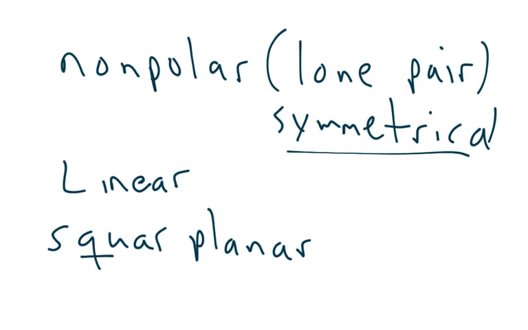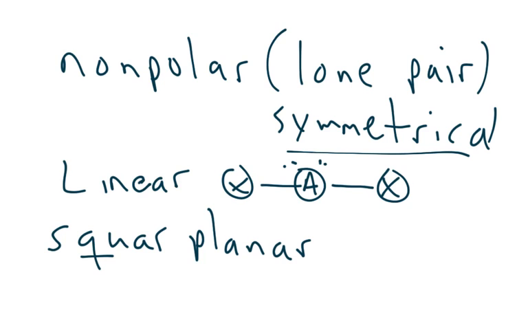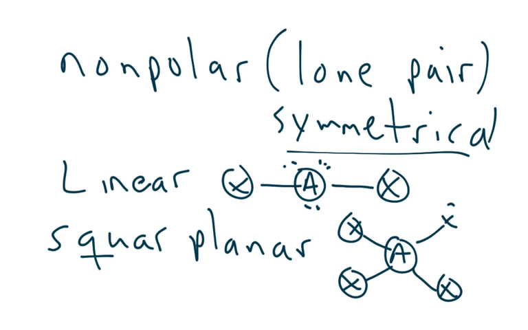Okay, and when I say the linear, we're talking about the linear that is trigonal bipyramidal, which is this one over here. And the square planar would be this one over here. Notice how everything is symmetrical, including the lone pairs.